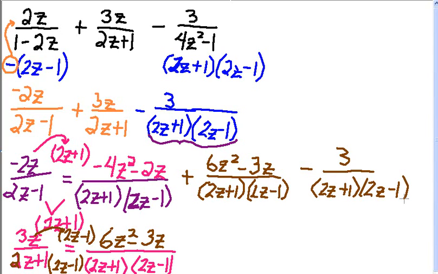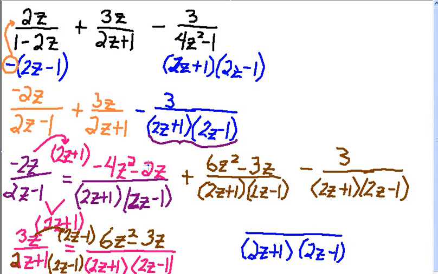And now remember, whenever we're adding or subtracting rational expressions, we do the operations in the top and we're just going to keep the denominator. So in this case, my denominator is going to be 2z plus 1 times 2z minus 1. And now I'm just going to do all the operations in the top.